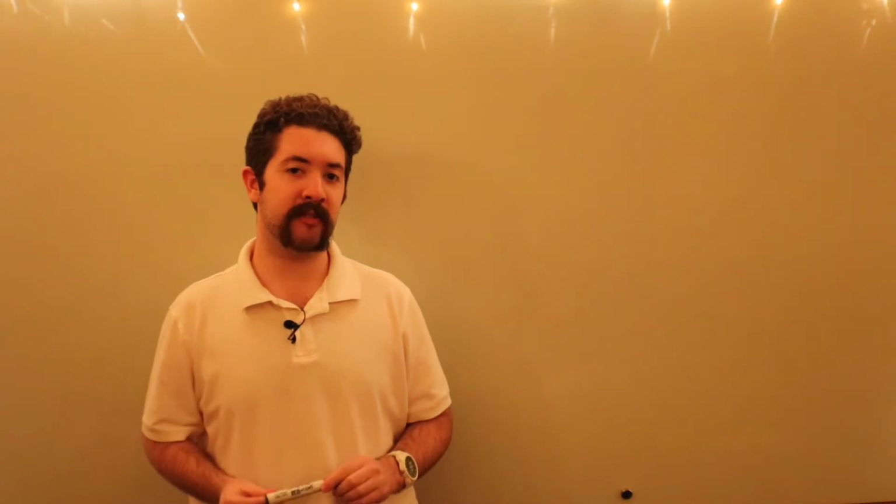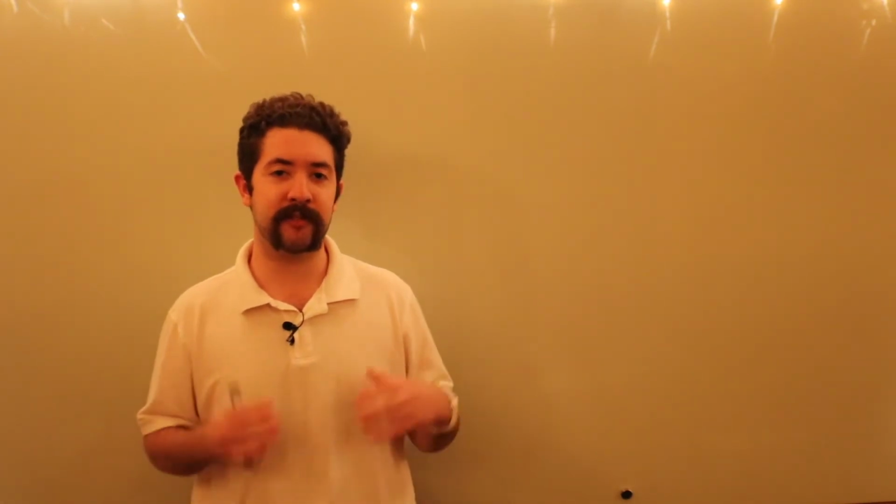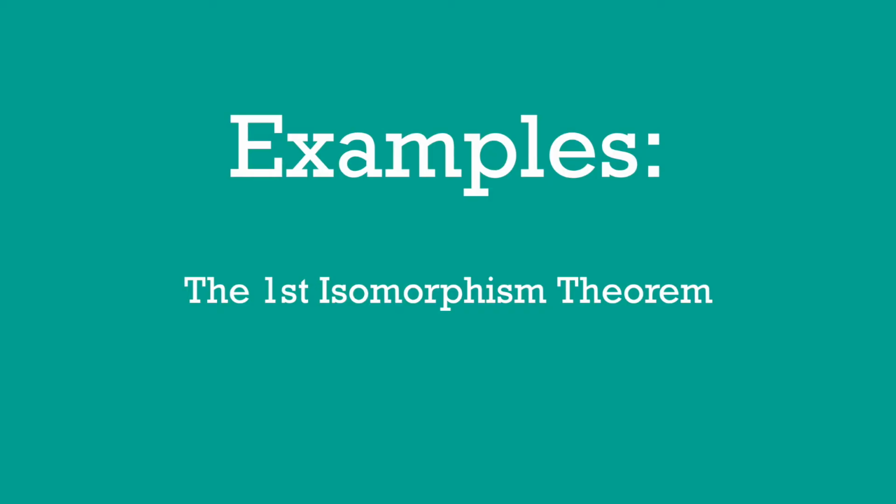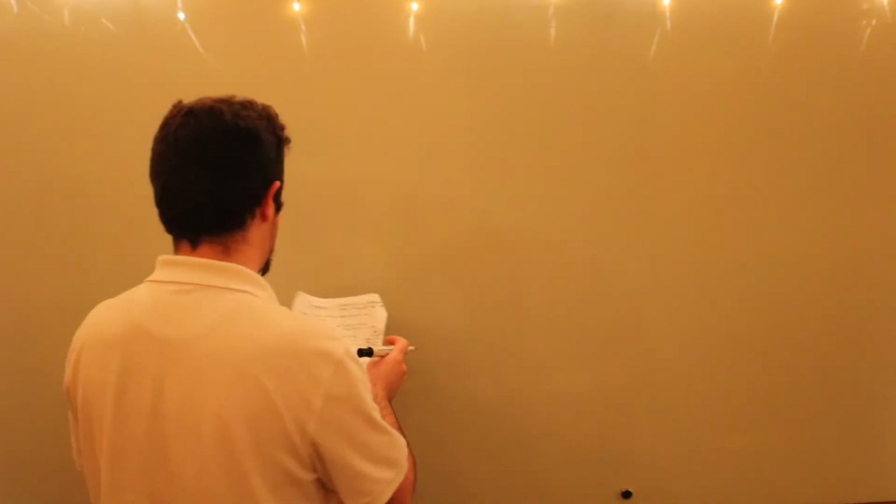So we're going to harken back to the particular examples that we learned about in the videos on homomorphisms. And we're going to explore those same groups and those same homomorphisms again, but now in the light of the isomorphism theorems. Hopefully this will deepen our understanding. Starting with the first isomorphism theorem.